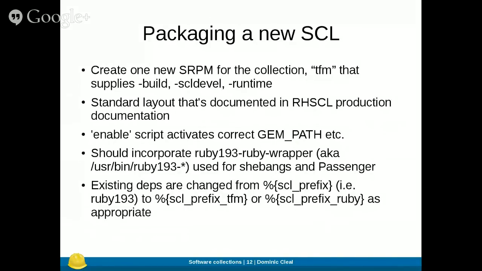So instead of depending today on Ruby 193 Ruby gem to face, we now need to depend on TFM Ruby gem to face. Likewise, if we have a dependency in the Ruby collection itself, we need to use the SCL prefix Ruby explicitly, so we get a Ruby 193 prefix. So we can't assume everything is now in the same collection.